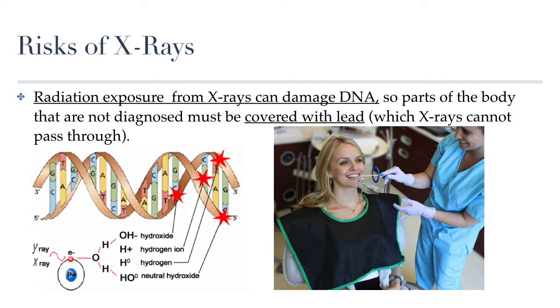You always are given some sort of lead covering, either a bib made out of lead or sometimes a little blanket made out of lead. It's very heavy, and the reason for that is because lead is very dense, so X-rays cannot pass through lead, and they will protect anything that is covered by that lead material.